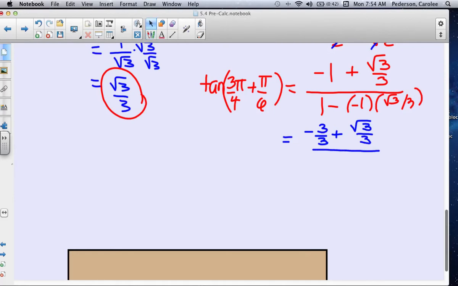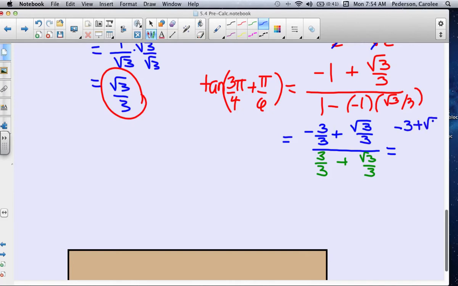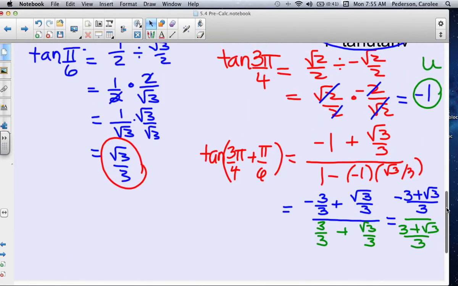Then in the denominator, I'm also going to change this to 3 over 3, and then negative turns that to a positive, and then square root of 3 over 3. So the first fraction set, when we combine those together in the numerator, you get -3 plus the square root of 3 over 3. And then in the denominator, we get 3 plus the square root of 3 over 3. Now we have a fraction over a fraction. So we're going to reciprocate.